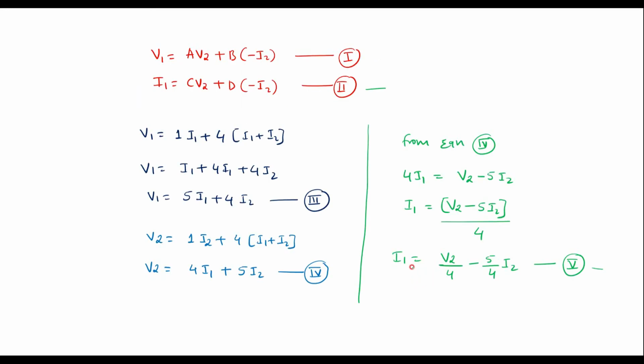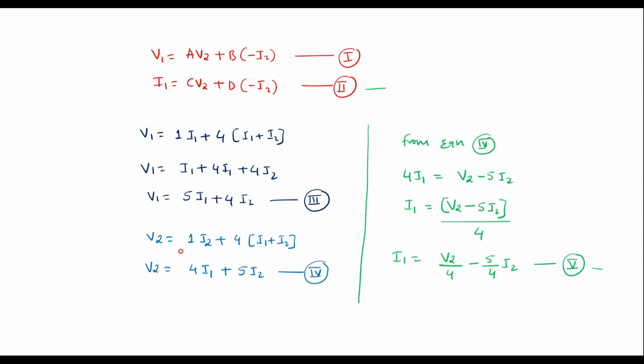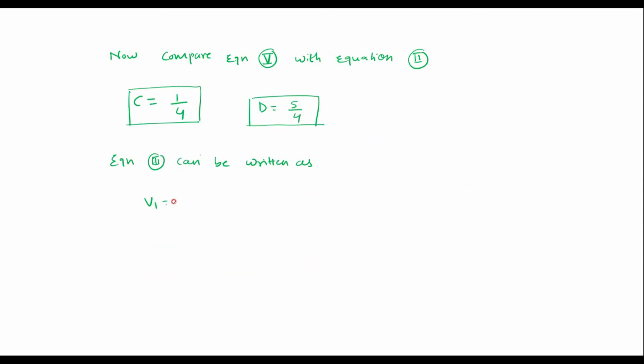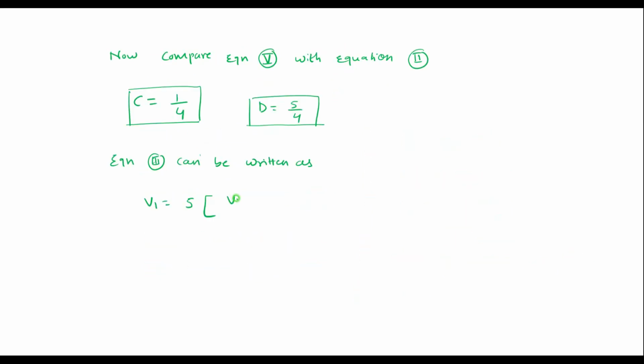So now substitute the I1 value from equation 5 in equation 3. Equation 3 is V1 is equal to 5 into I1, where I1 is V2 by 4 minus 5 by 4 I2, plus 4 I2.